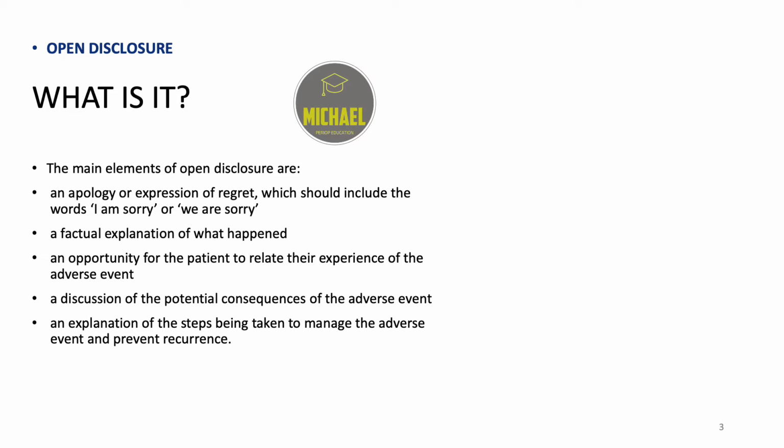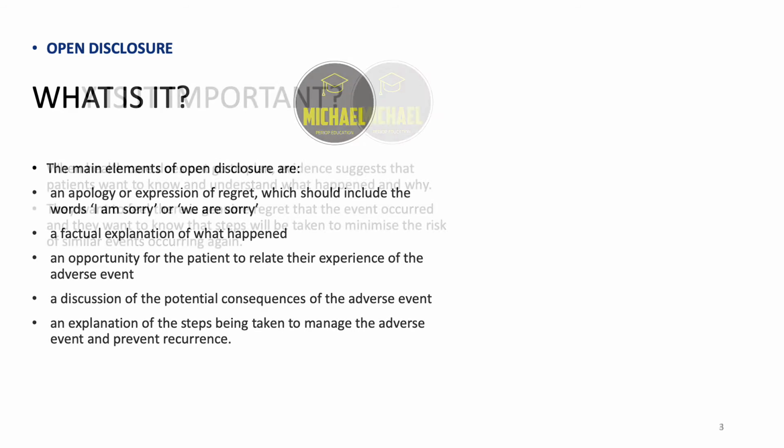Just the facts, nothing more. An opportunity for the patient to relate their experience of the adverse event, so they feel acknowledged. A discussion of the potential consequences of the adverse event, and an explanation of the steps being taken to manage the adverse event and prevent recurrence.